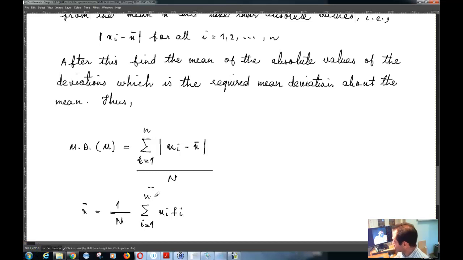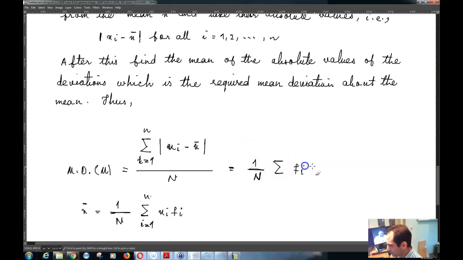And now what they have done here is written this as the mean deviation about the mean, 1 divided by n times the sum of f of i times the absolute value of x of i minus x bar, as i goes from 1 to n.